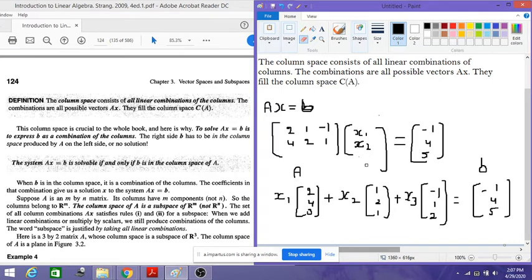Now we have here three columns, and we have three unknowns. We'll talk about this later, how we can write this. There is something called the free variable, and we will talk about it, or the echelon matrix, where we will talk about these free variables.